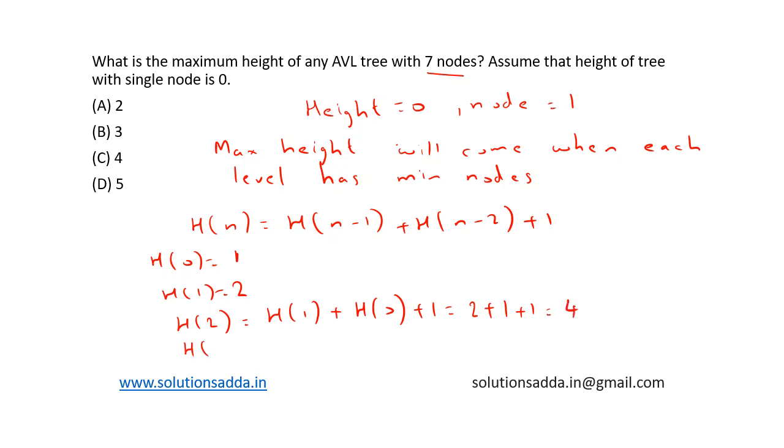Now N(3) is N(2) + N(1) + 1, which is equal to 4 plus 2 plus 1, which is equal to 7. So with the minimum number of nodes being 7 and having maximum height, the height is 3. So 3 is the correct answer and option B is the right answer here.